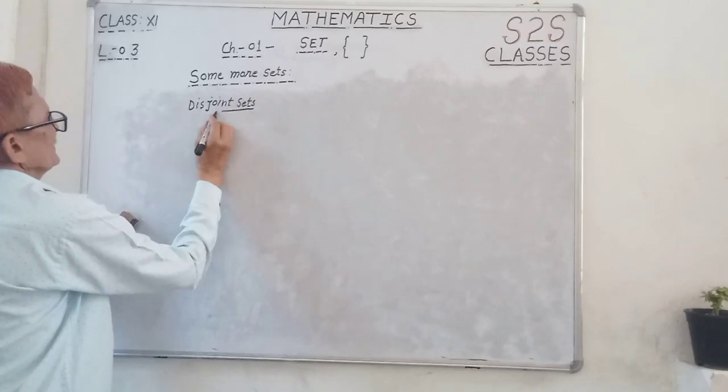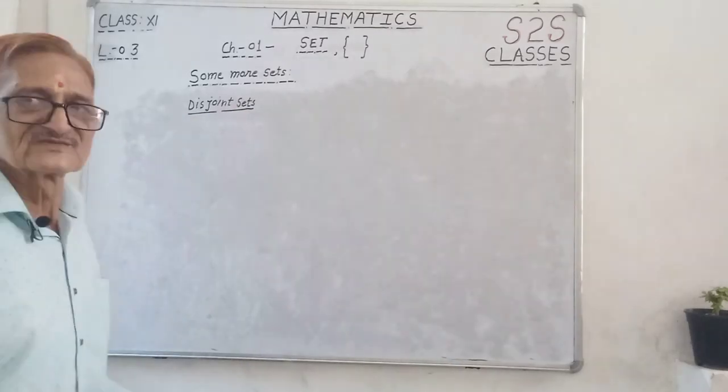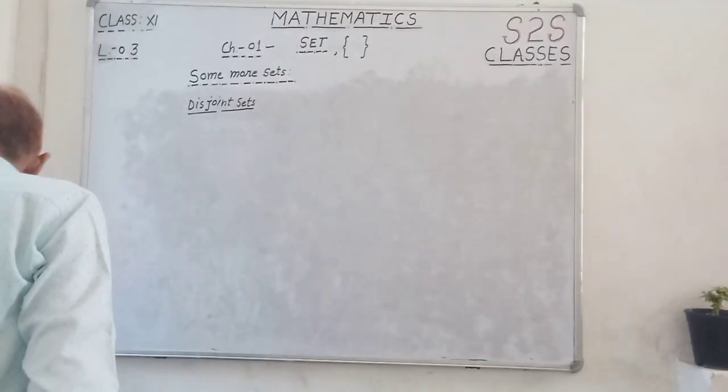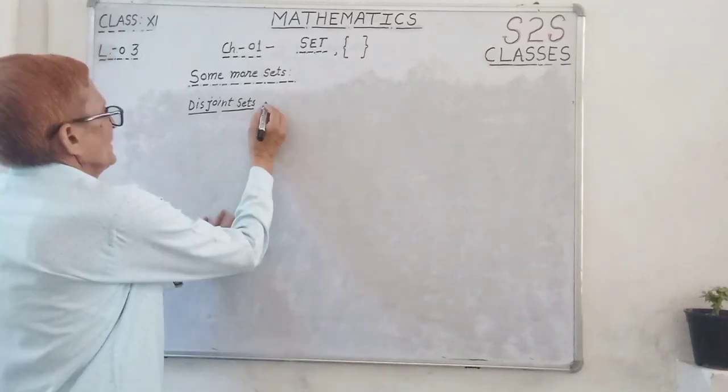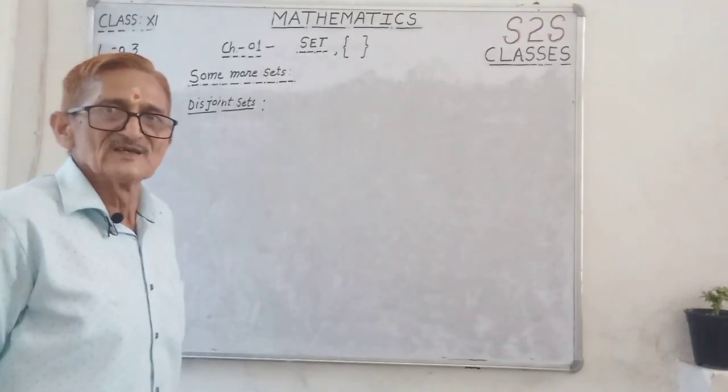These are a pair of sets. Disjoint sets. It is a pair of sets.